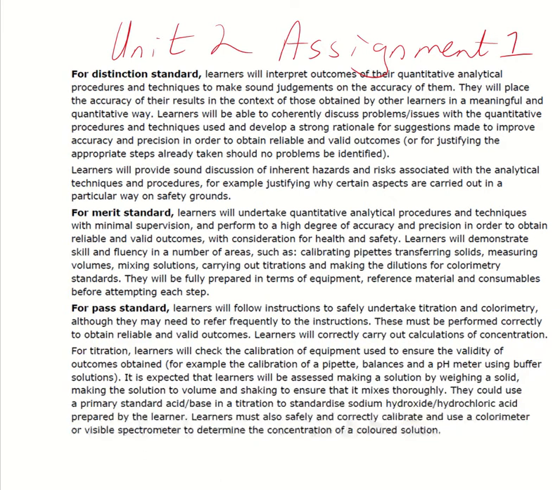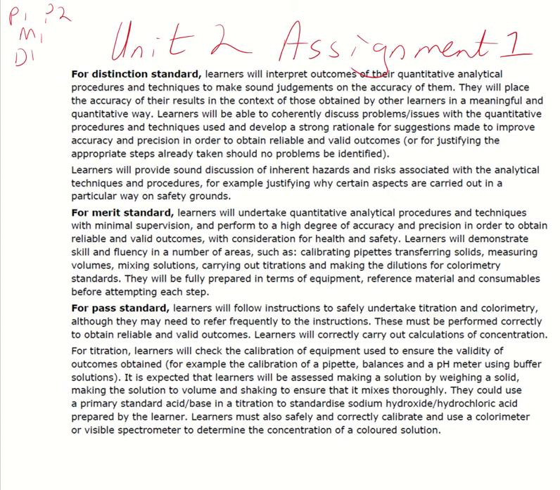So first off, within this assignment, we've got two pass criteria, we've got a merit criteria, and we've got a distinction criteria. So it's fairly obvious for the distinction and merit what they line up with, but I'll try and pick out the pass and merit bit for you as well.